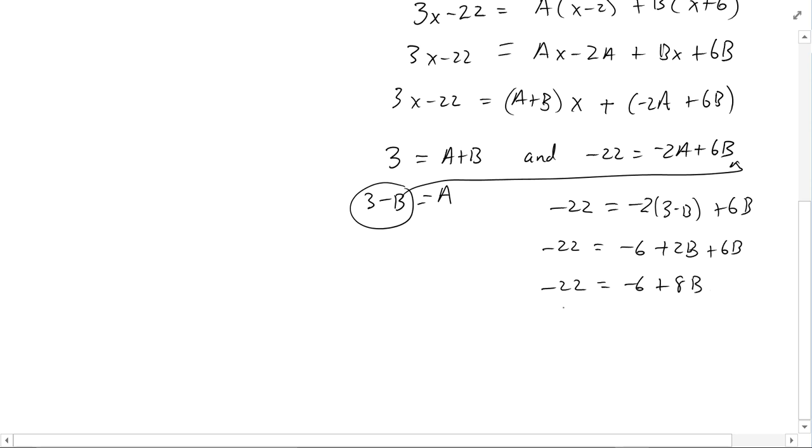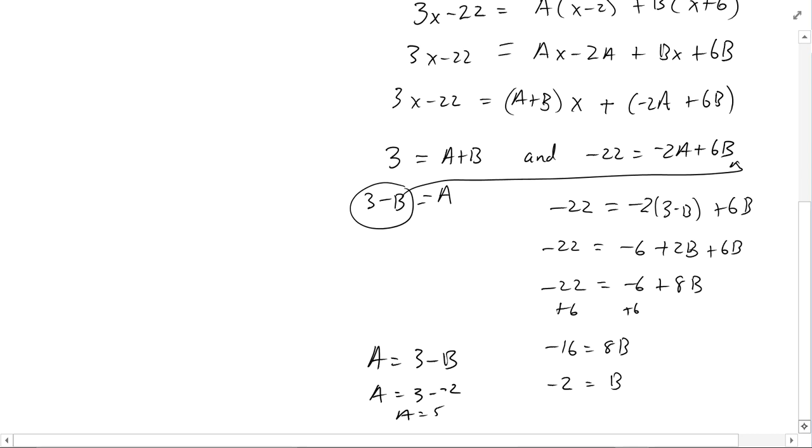If I move the 6 to the other side, I get negative 16 is equal to 8b, so b is negative 2. And since a is equal to 3 minus b, a is 3 minus negative 2, so a equals 5.